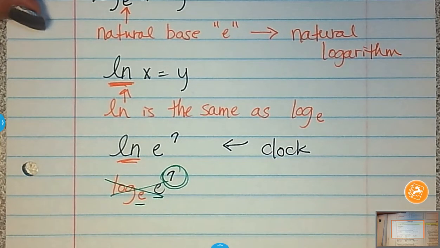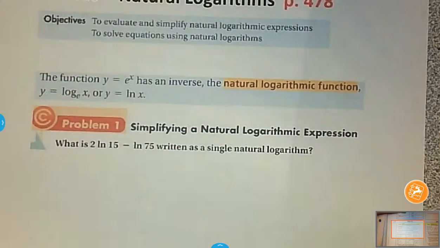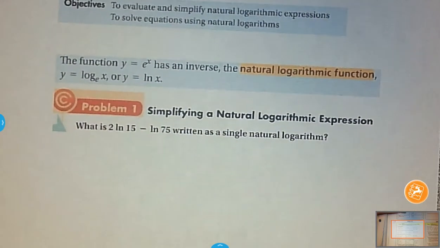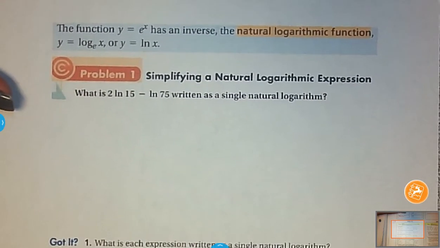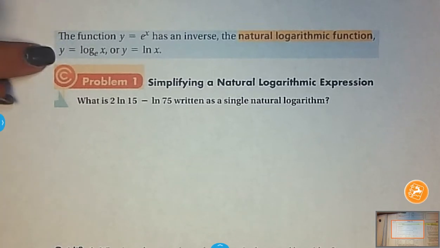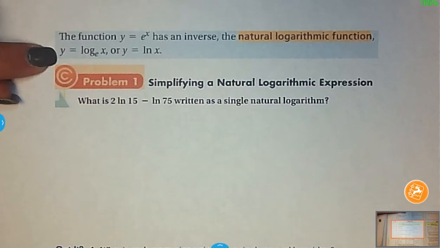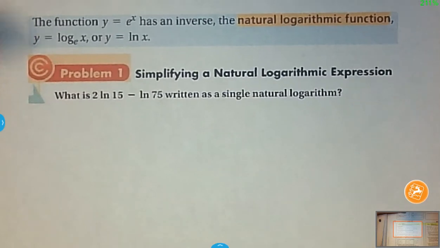Okay? So now, let's get rid of that, and let me go get my typed notes here. There we go. So this stuff here at the top is basically what I gave you on the other page. They just didn't expand on it much. I wanted to write it all out so it was easier to see and understand.